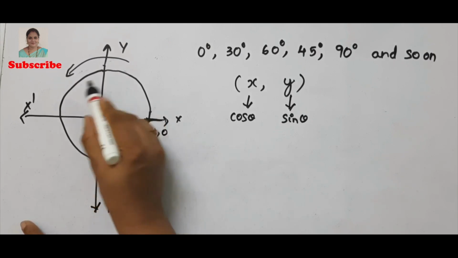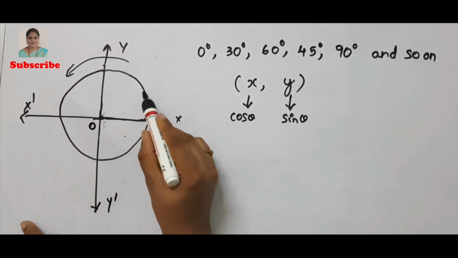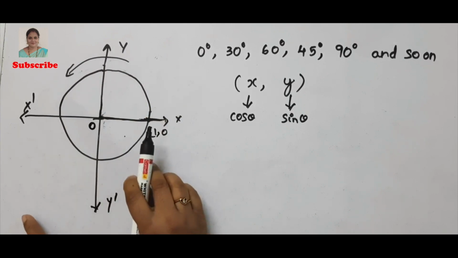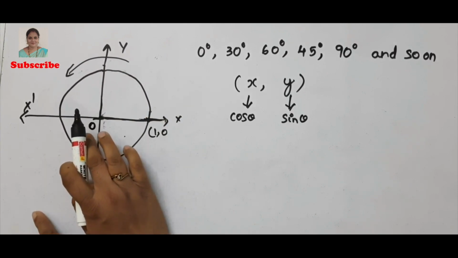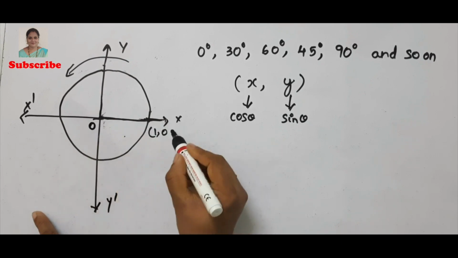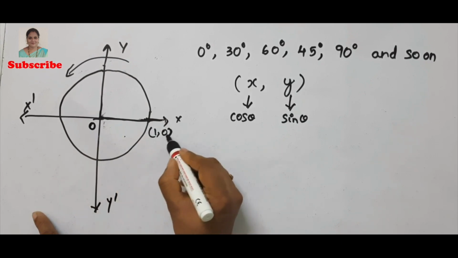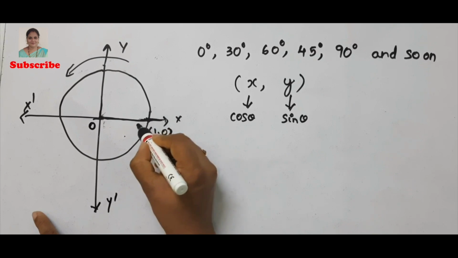So taking the center as O, we have drawn a unit circle of radius 1 and we are studying the trigonometric functions. So this is the origin, and the value of y is 0. This is 0 degrees.